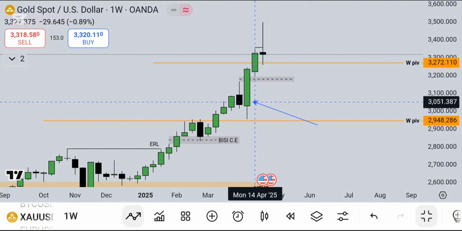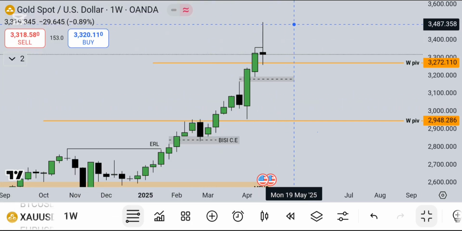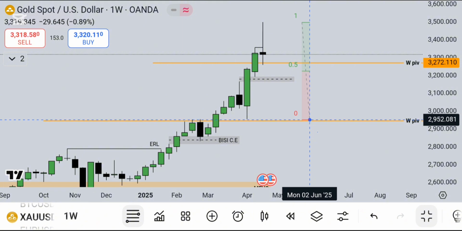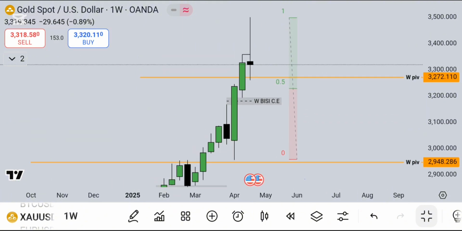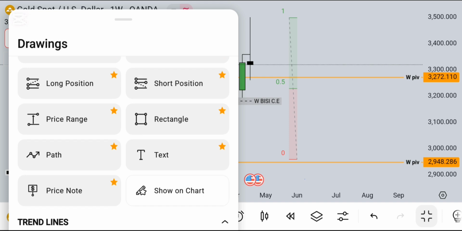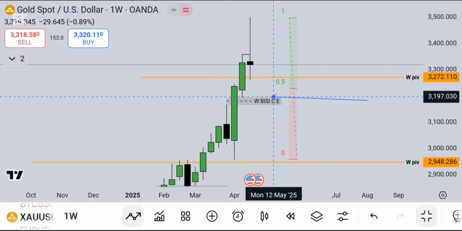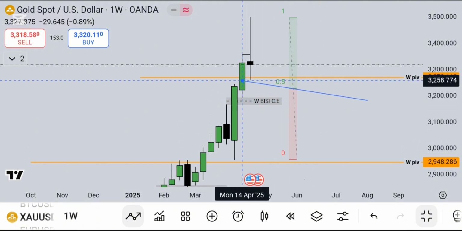It's because, do you see, if I measure this current dealing range, you can see that this is the only array that is lying in the discount, not this one, right?